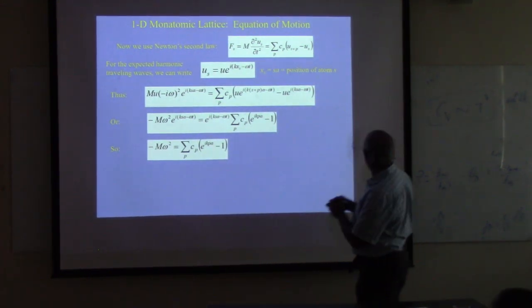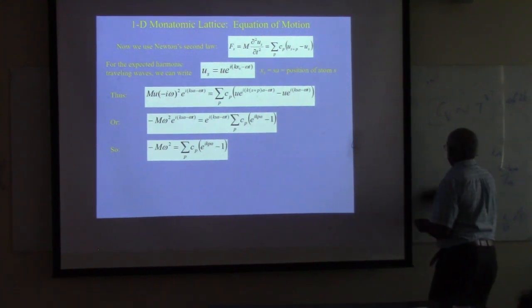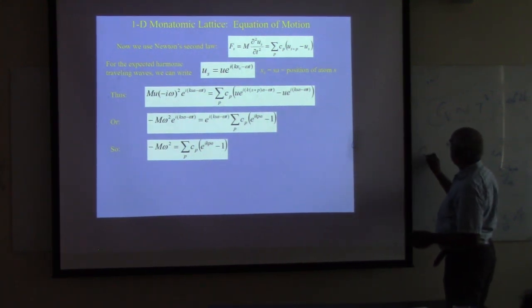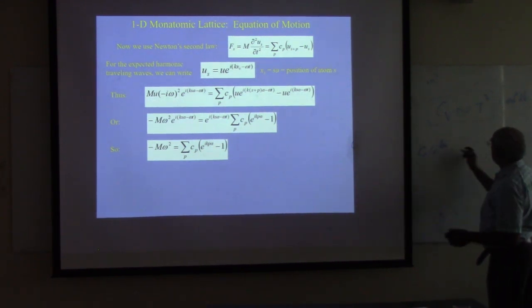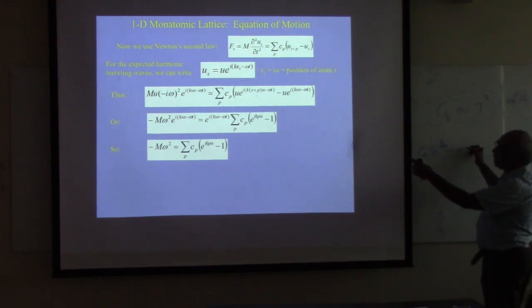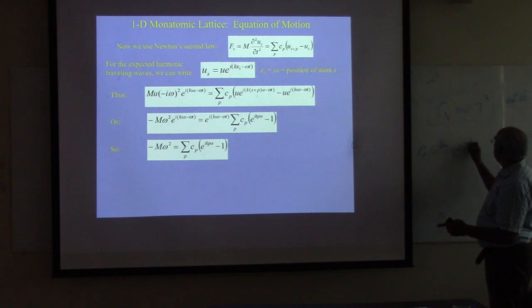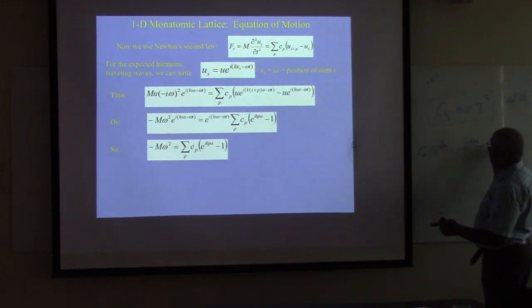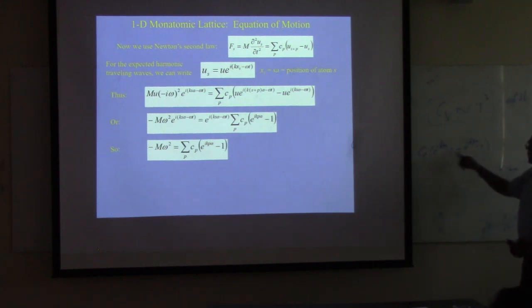That means I have something like Cp e^(ikpa) minus 1. Then if I put plus, I have e^(ik(minus p)a) minus 1. So you get minus 2 here, right?